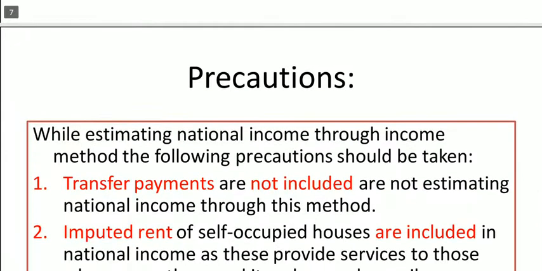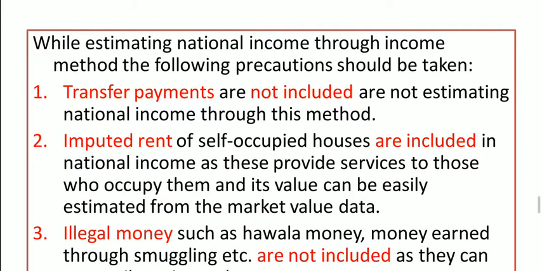Then precautions of income method. While estimating national income through the income method, the following precautions should be taken. Number 1, transfer payments are not included. You have to recall, students. Transfer payments are never included.